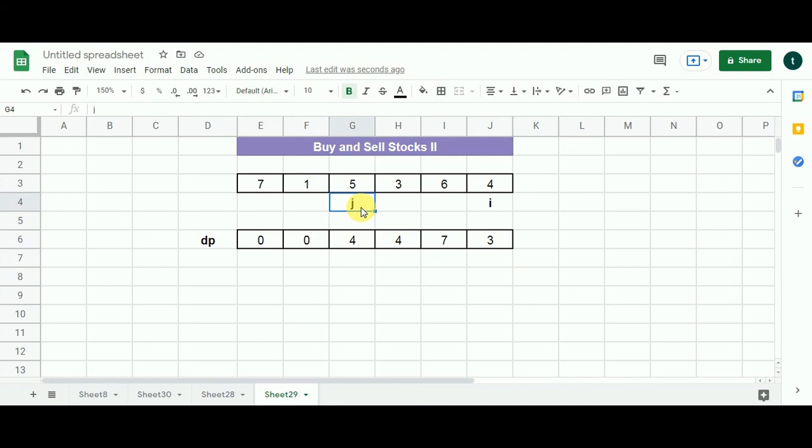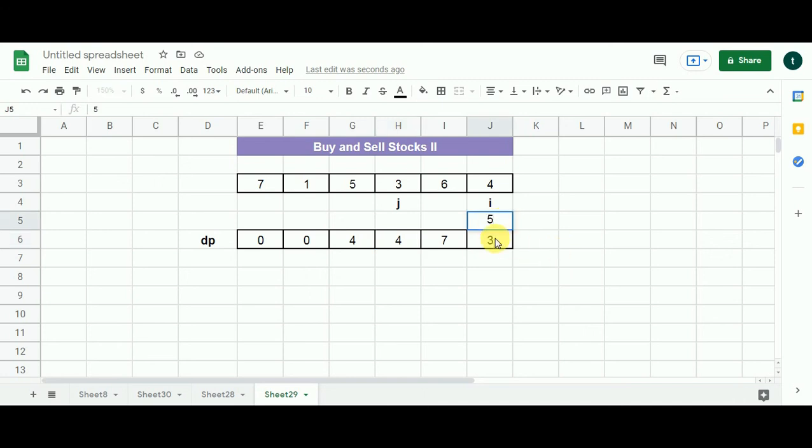J moves to the next cell and it now represents 3 as the buying price. So 3 subtracted from 4 is going to give me 1. Now this 1 will be added to this 4, which is the profit obtained till this problem. 4 added to 1 is going to give me 5.